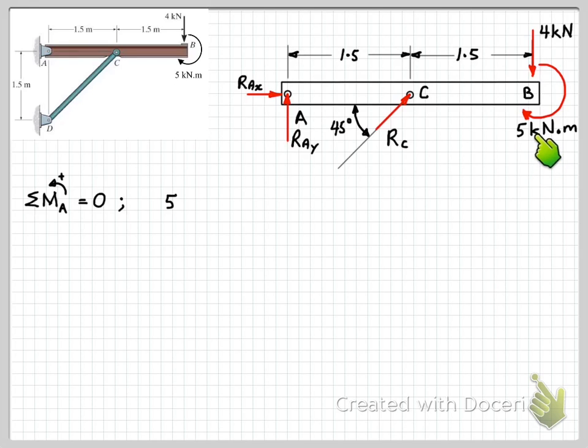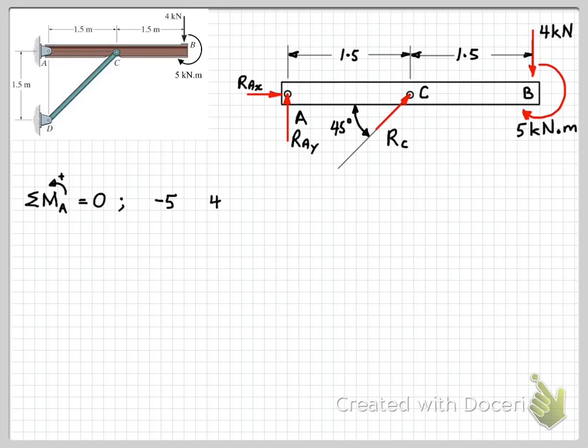So I'll start here with the applied 5 kilonewton meter couple. So that can just go straight into our equation here, and it's going clockwise. Okay, so we can see over here rotating clockwise, so therefore that's going to be a negative moment according to our sign convention.